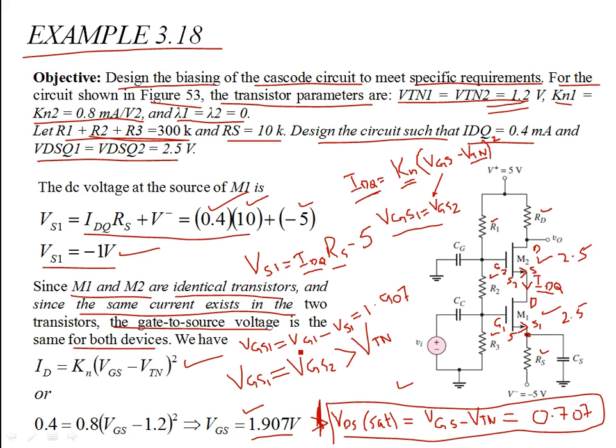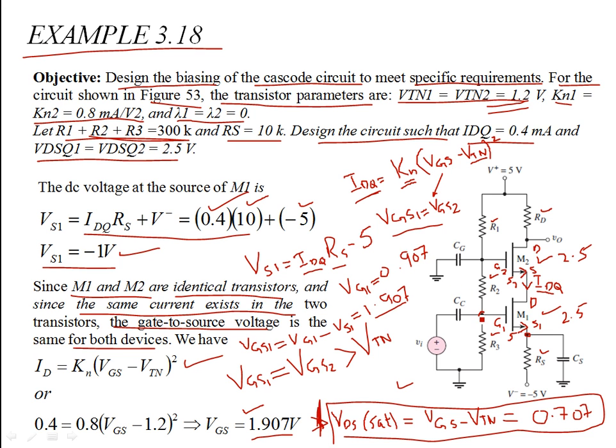So to find VG1, you just add 1.907 to VS1. If you add 1.907 minus 1, you end up with 0.907 volts at the gate of transistor M1. This is your gate voltage for transistor M1.